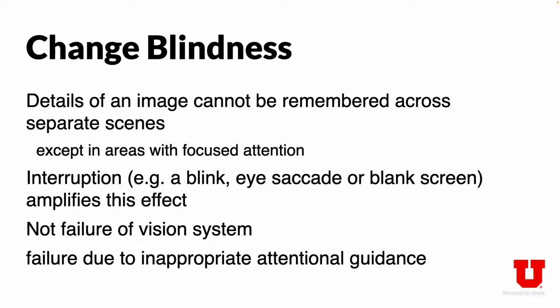And if we have some interruption, like remember in the very first lecture when I had this old man giving directions, and the person was replaced? That's kind of an explicit interruption, and they actually didn't recognize this change. Typically the theory is that this is not a failure of the vision system. We can actually see all of these changes, but we don't pay attention, we don't remember them.